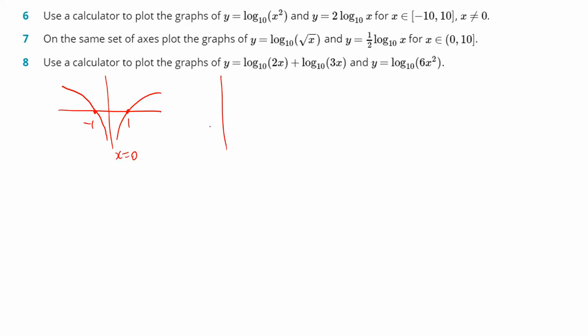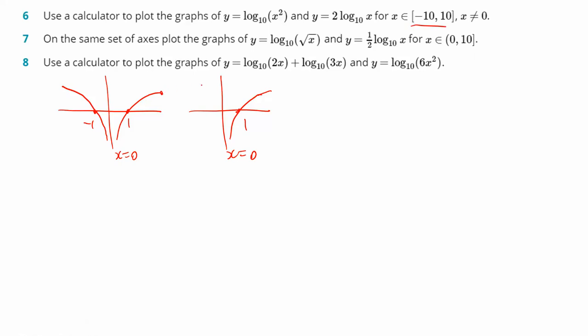The second graph would be similar. It would be exactly the same as the right half of the previous graph. You've got x equals 0. Now, how do I work out the endpoint? You sub in when x equals 10, because remember the domain's between -10 and 10.